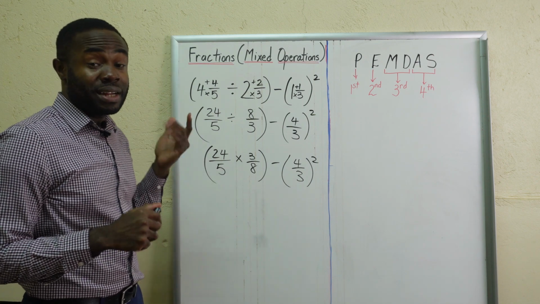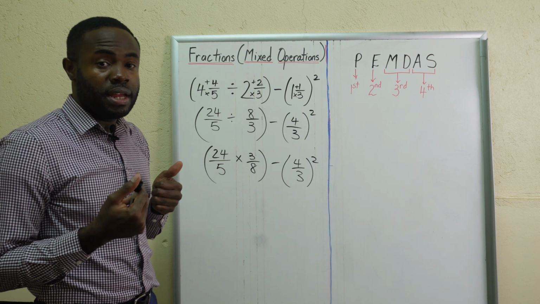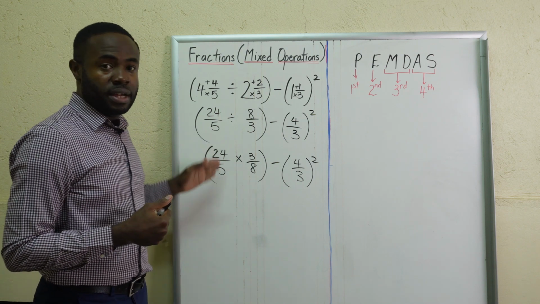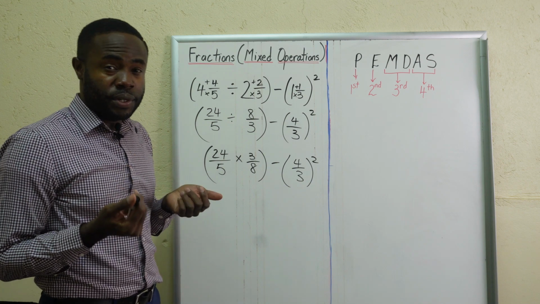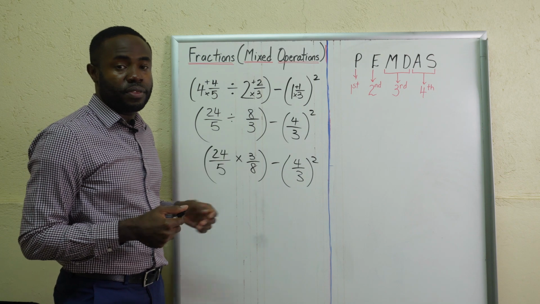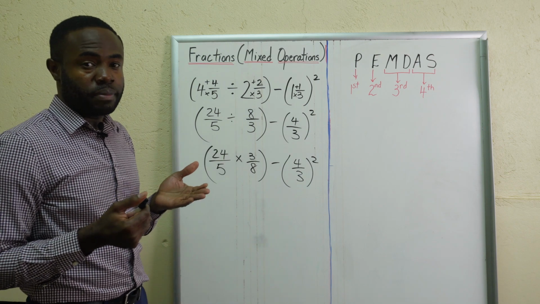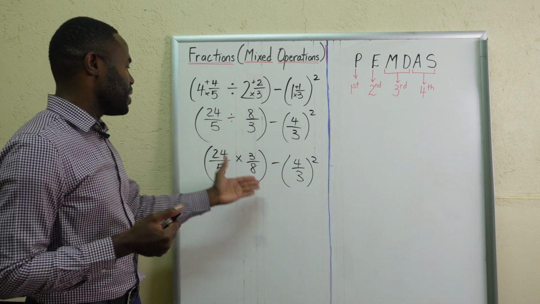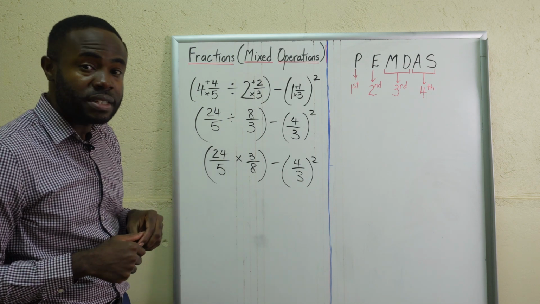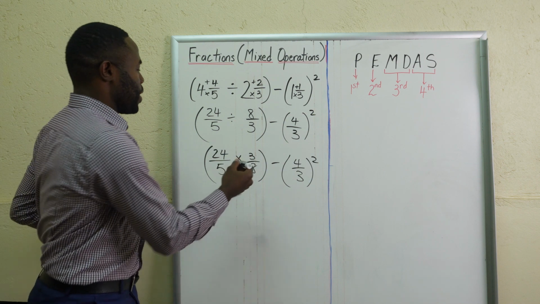Now, remember, we can cancel any numerator with any denominator when multiplying. So we can look vertically. All right, 24 and 5, can we reduce that? No. Then let's go to the next numerator and denominator. 3 and 8, can you simplify that? No. Then now, let's look at the diagonals. We have 24 and 8. Can we simplify that? Did I get a yes? Correct.